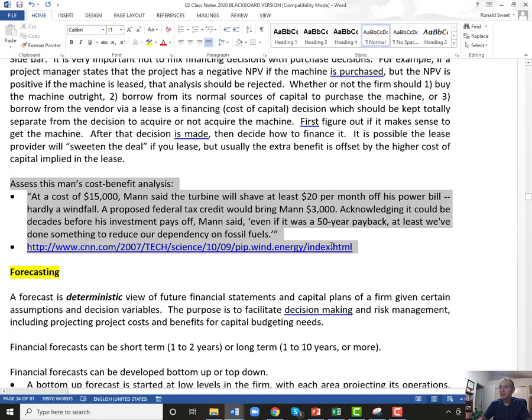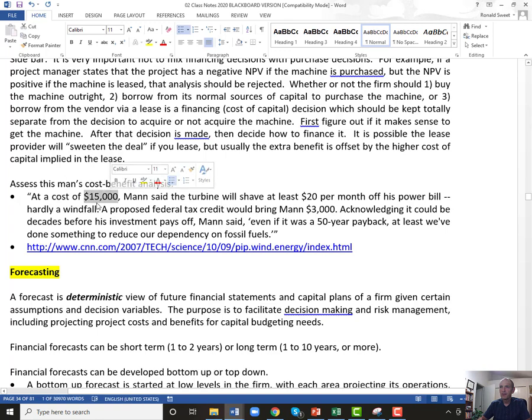I'm going to skip this example, but just real quickly, this guy, I'm not going to read the article, but this guy said, what if I spend $15,000 to buy a wind turbine, and I can save $20 a month on my power bill? He'll get a tax credit of $3,000, so he'll essentially spend $12,000 to get $20 a month.